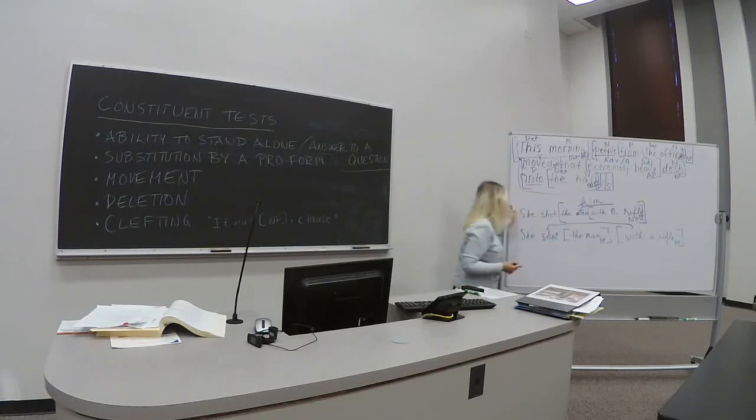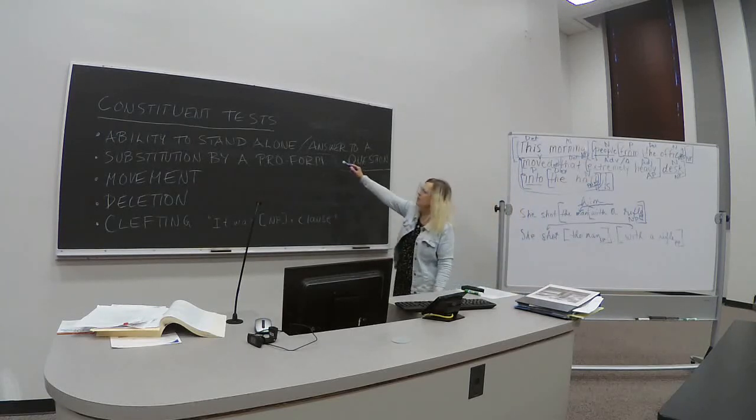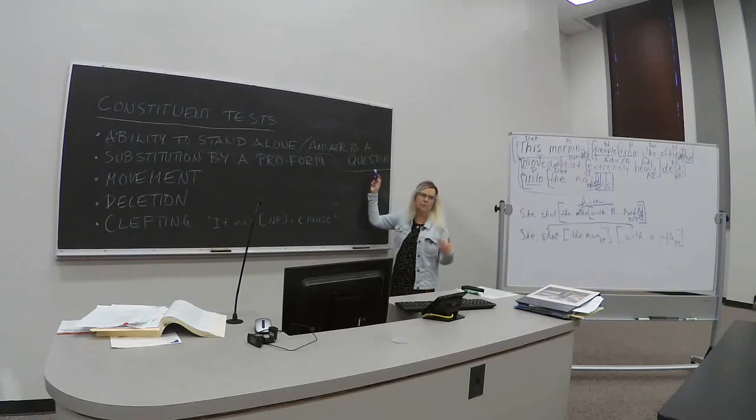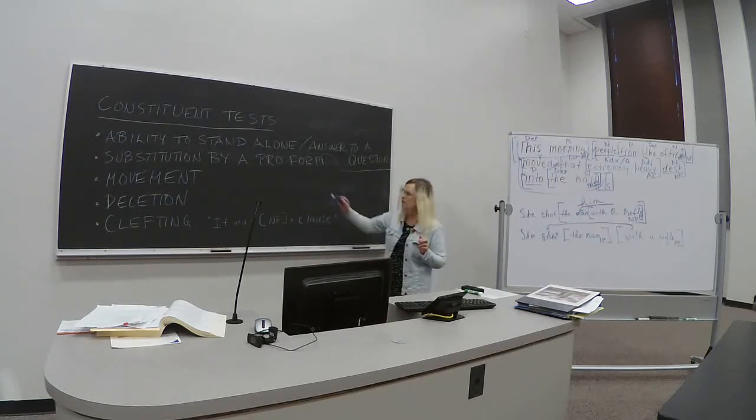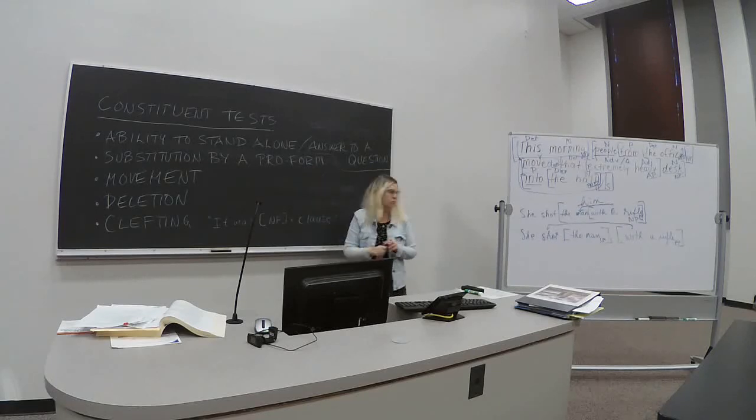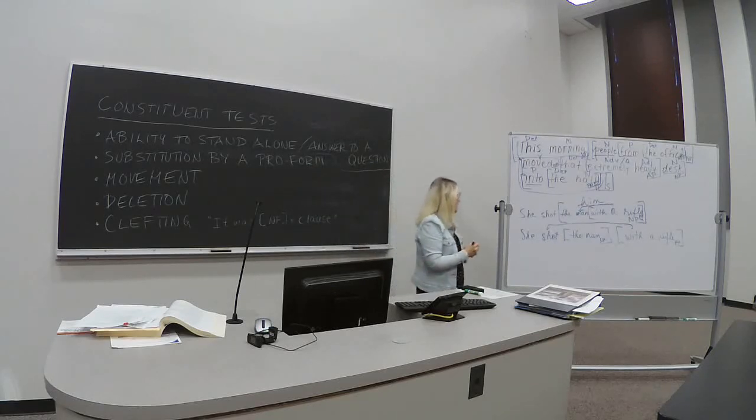Or, if the intention is that it's the man with the rifle and she shoots him with her pistol, then the question would be, who did she shoot? The man with a rifle. So ability to stand alone or answer the question is one of the good tests to test which words belong together. Another thing is the substitution by a pro-form test.